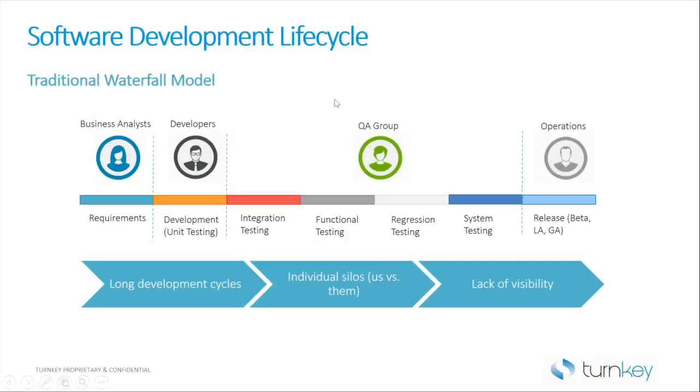This traditional waterfall approach pushes feature completion first with gated approvals, followed by lengthy QA testing and bug fixing cycles that drive up costs. Long development cycles, silos, and lack of visibility and collaboration are not sustainable in today's world of having to change rapidly in order to keep up with competitors and customer demands at the same time keeping quality high and cost low.